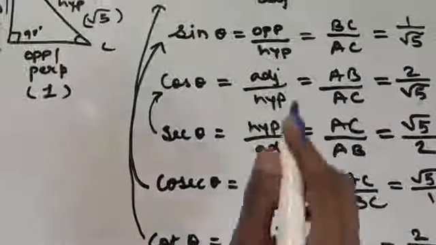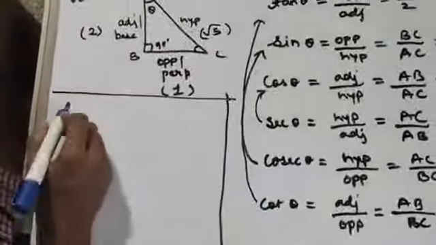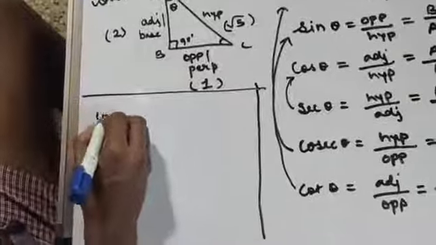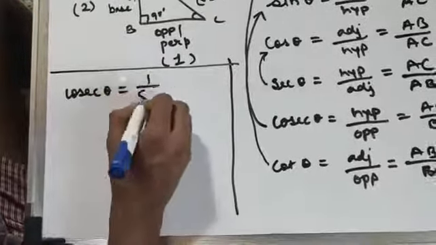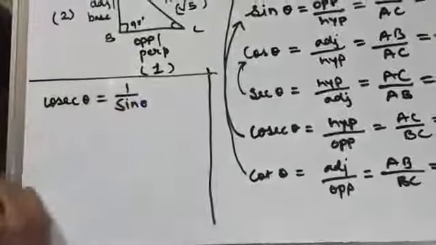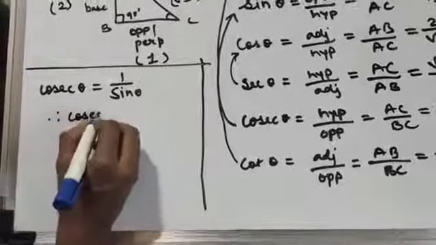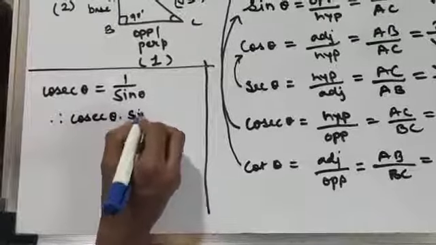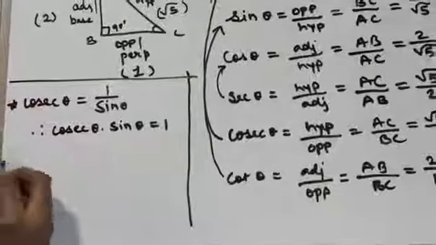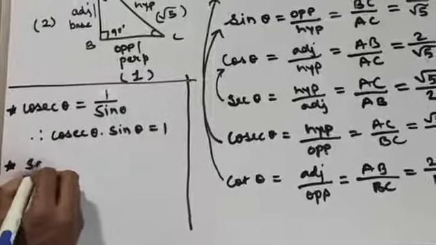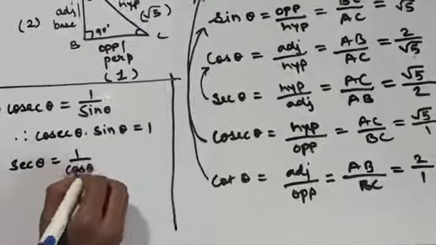So from here what we can say is cosec theta is equal to 1 upon sin theta. Therefore cosec theta into sin theta is equal to 1. Similarly, sec theta is equal to 1 upon cos theta.